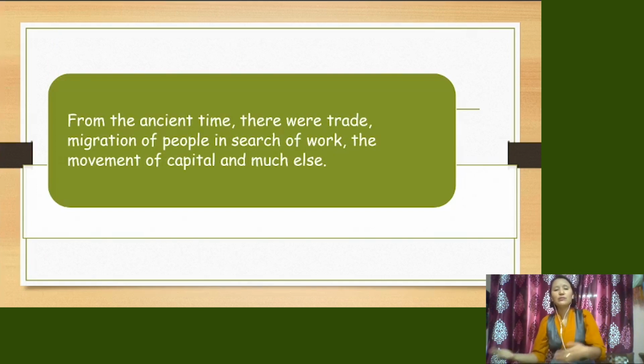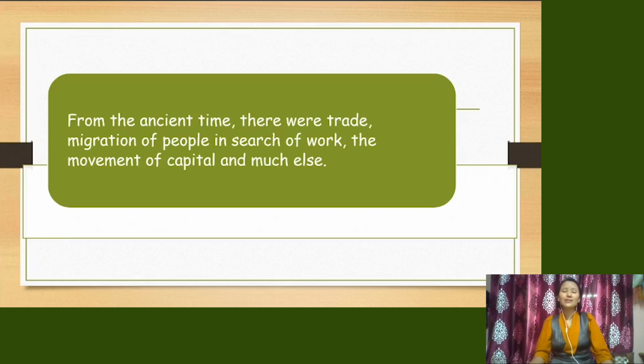There was movement of people from one place to another in search of work or better job opportunities. There was also movement of capital. Capital means movement of money from one region to another for investment in buying or selling goods. So globalization is not a new phenomenon, even though it has transformed the society that we live in.